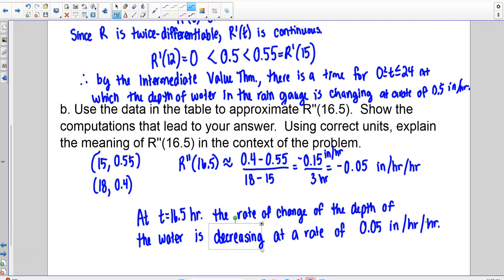When you're talking about the second derivative, you want to make sure that you've said rate twice. If you've said rate twice, it doesn't guarantee it's correct, but it helps ensure that it's going to be correct.